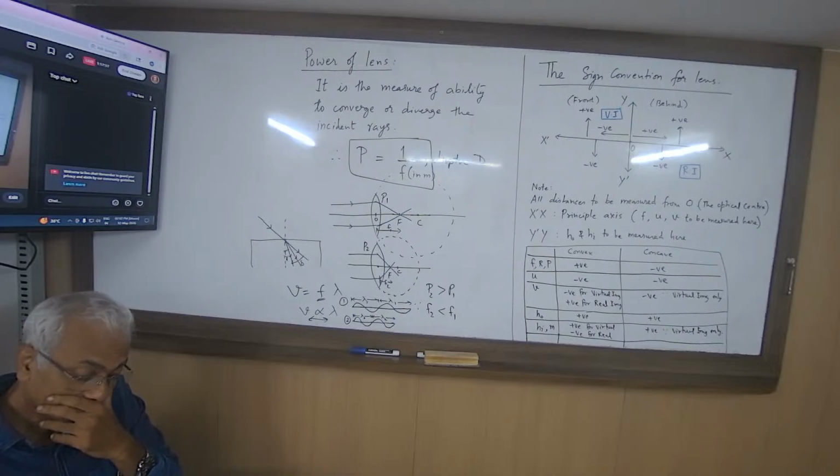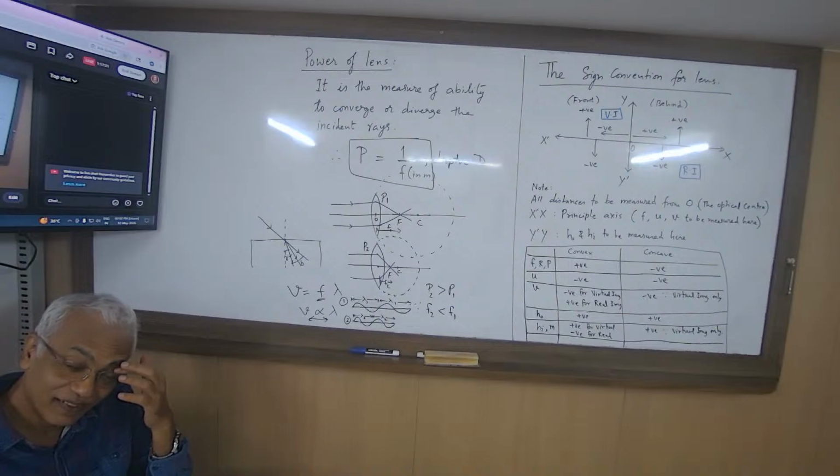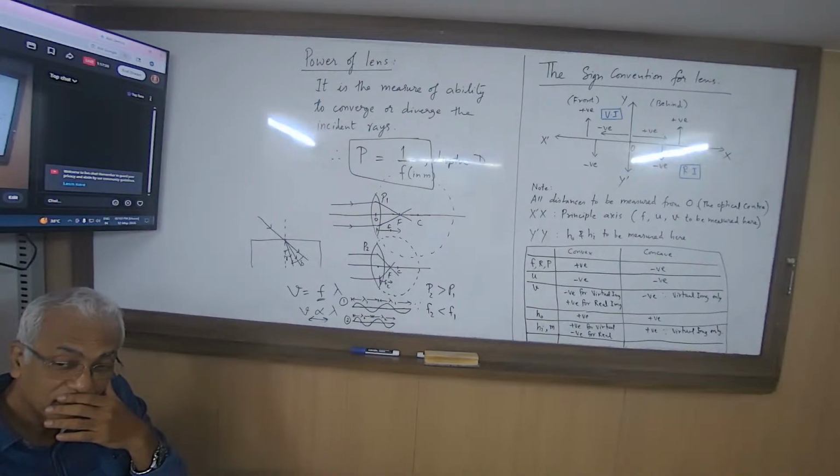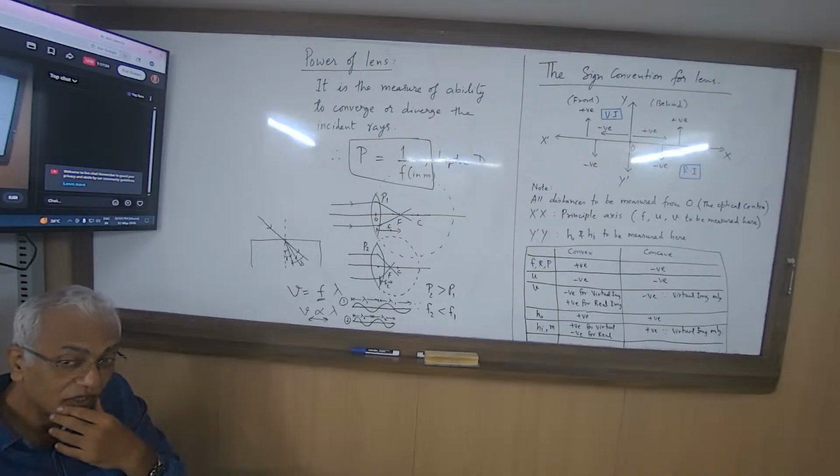Sir, Ruby. रूबी में फास्टेस्ट होगा या स्लोएस्ट होगा? Slowest. Refractive index high means what? Optically dense. High refractive index means optically that much more dense, right?